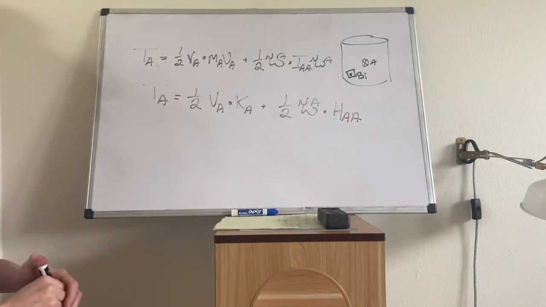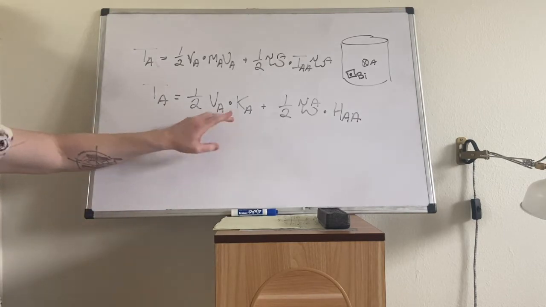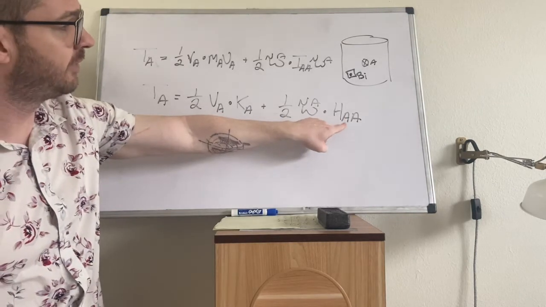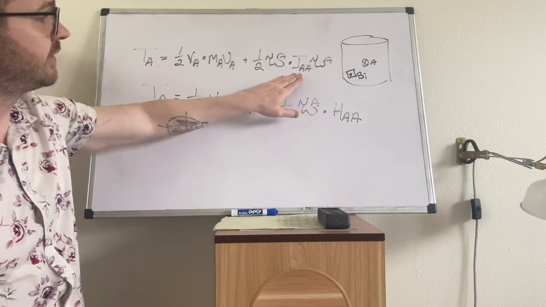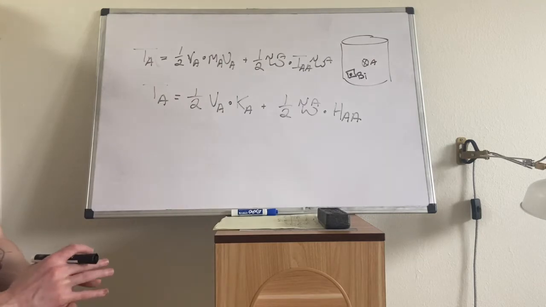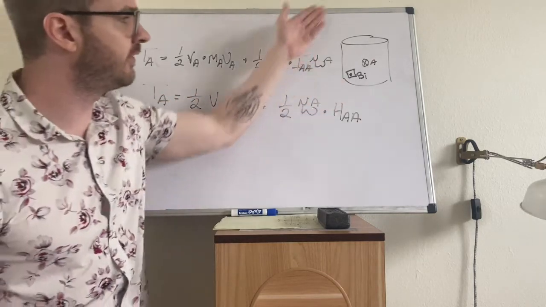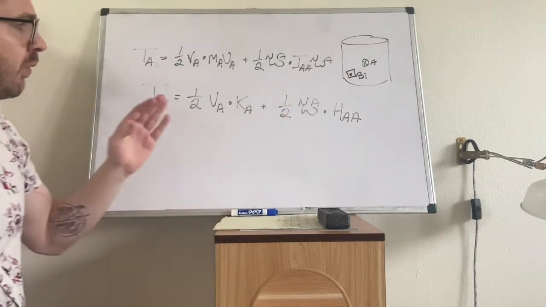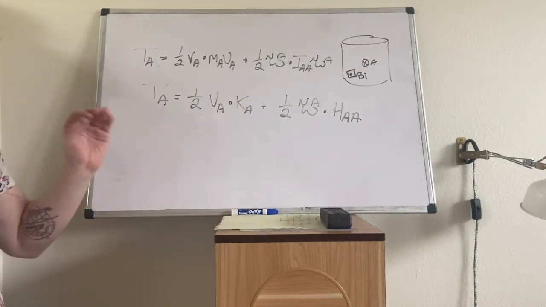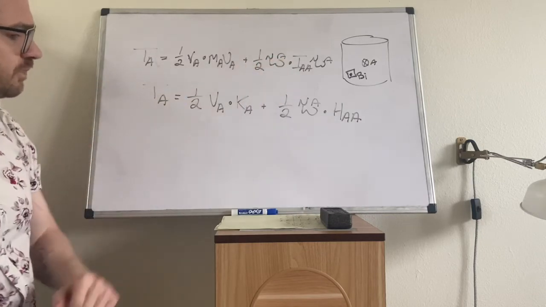And notice that in this case, it is specifically velocity of center of mass and angular momentum about its own center of mass. So the inertia is I_AA. It doesn't matter what else the problem is asking for. We know that we could find angular momentum of this body about any point at all. But when we go to calculate kinetic energy, it is always the inertia about its own center of mass.